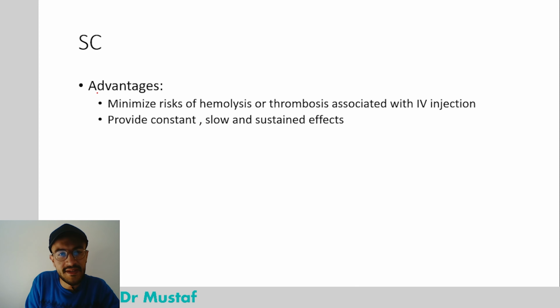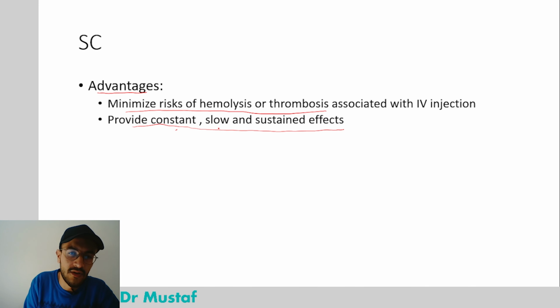The advantages of the subcutaneous route are that it minimizes the risk of hemolysis and thrombosis associated with IV injection, so it is safer compared to the intravenous route, and it provides a constant, slow and sustained effect. Because the drug is slowly absorbed into the circulation, we have constant, slow and sustained effects.